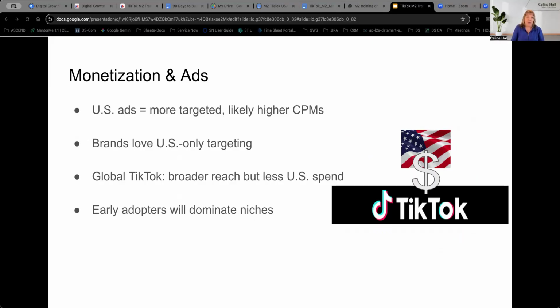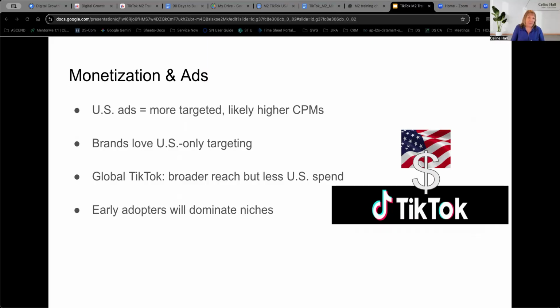So expect higher CPMs, that's cost per thousand views, since brands know their ads won't be leaked into other countries. Those brands are going to know that and then probably make more purchases. So this really could increase content creator payouts inside the US ecosystem. So it's a win-win for you guys.